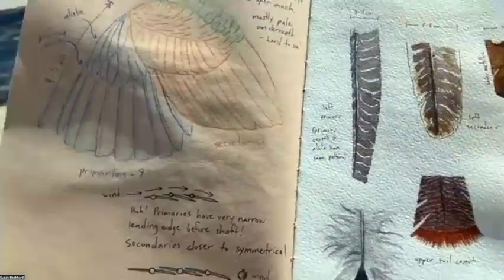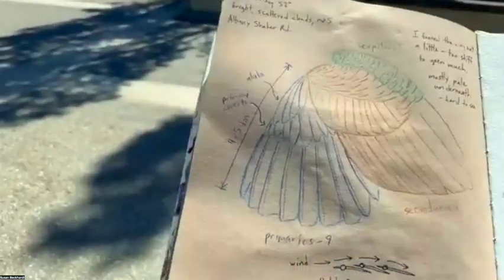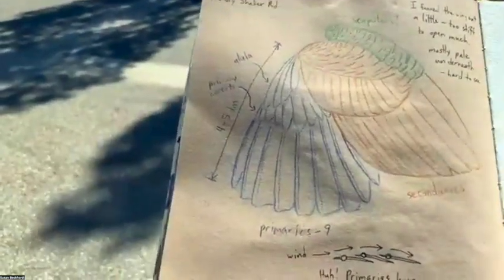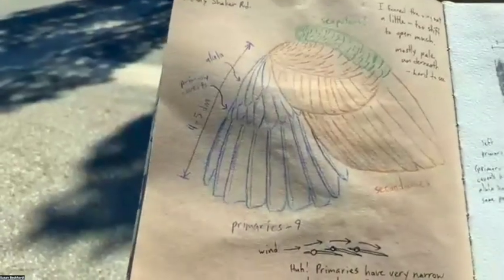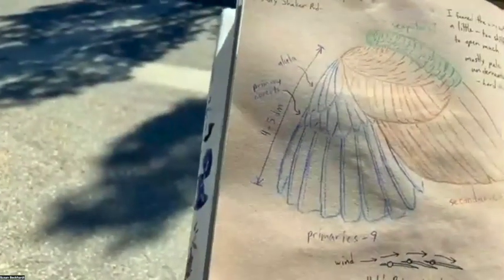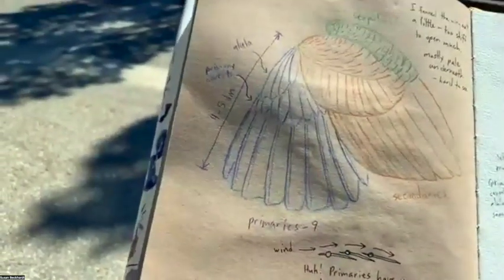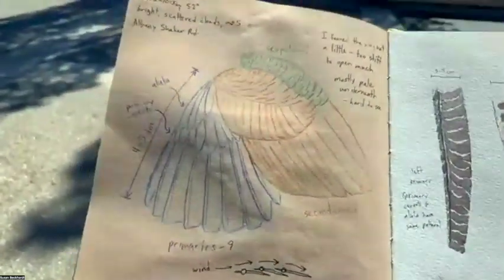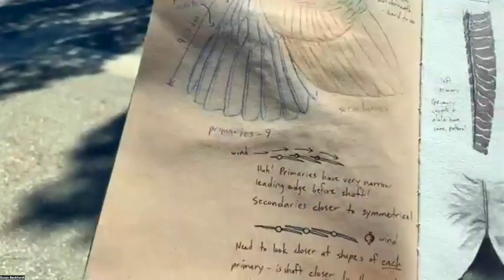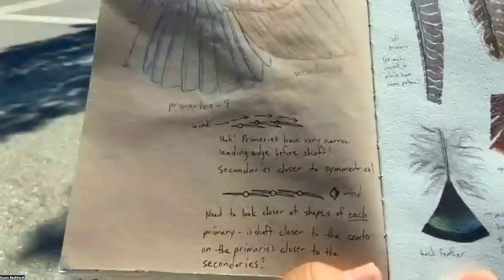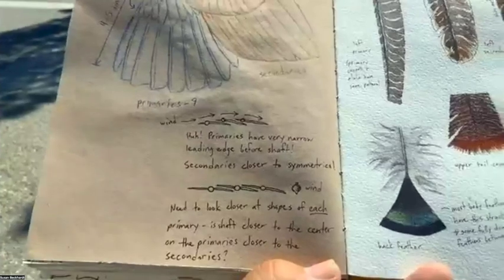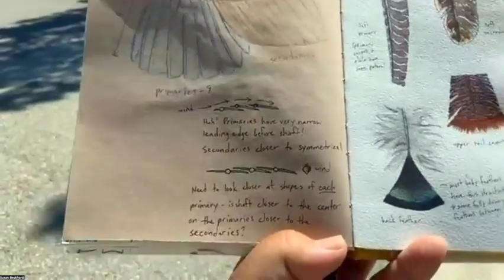When I drew in the shafts on these primaries, I noticed that the first few had the shafts very close to the edge, but I need to go back and look at it to see if the other primaries are actually the way that I drew them, because maybe I got it wrong. Fun. But yeah, so that was fun.